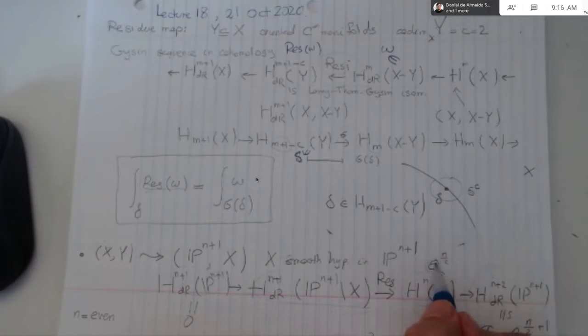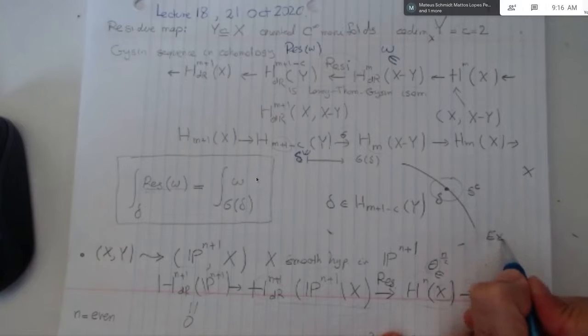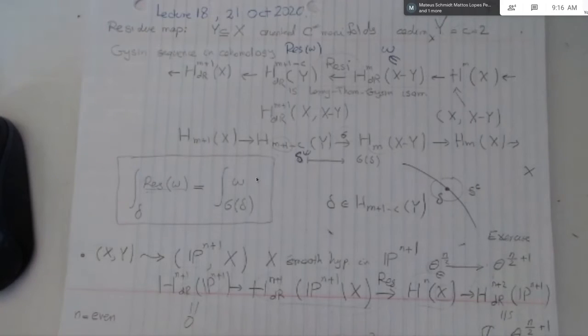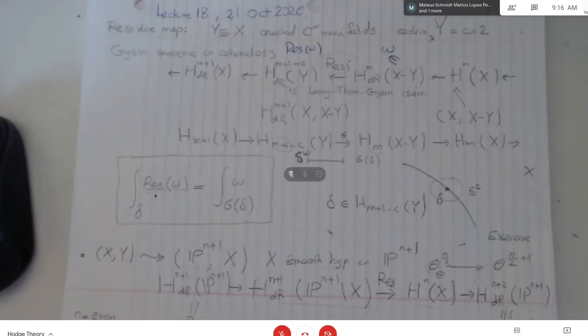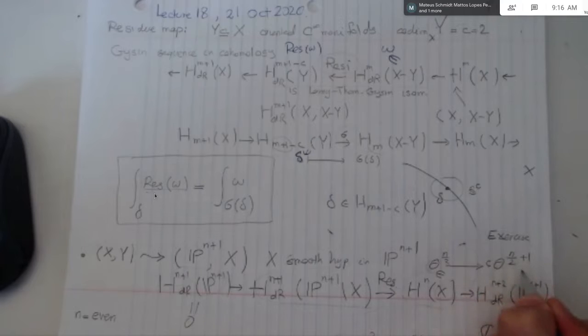And then when you take it to the power n half, you will get elements here. Maybe it's a kind of exercise, especially for Felipe, who did algebraic topology last semester, that this theta n half is mapped to theta n half plus 1 with some coefficient, and this coefficient is not 0.